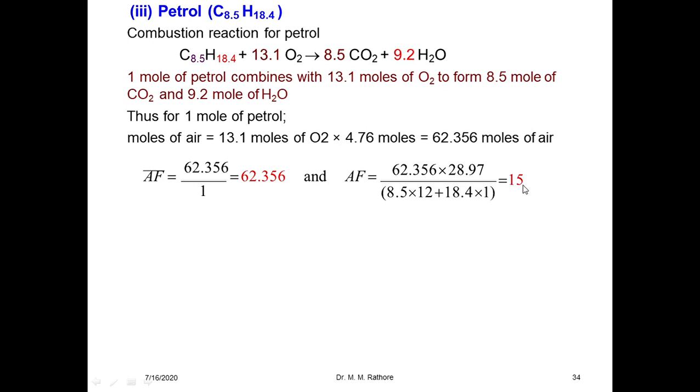So that will give you 15, and 15 is the air fuel ratio of petrol on mass basis. This may come in the examination. Once again I am telling you, you have to remember.